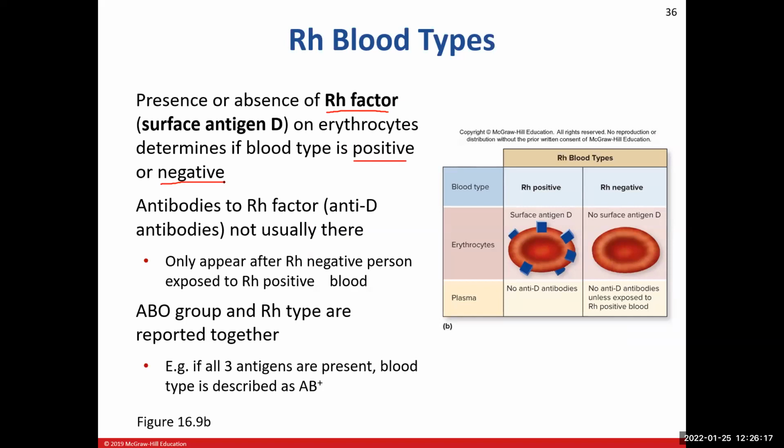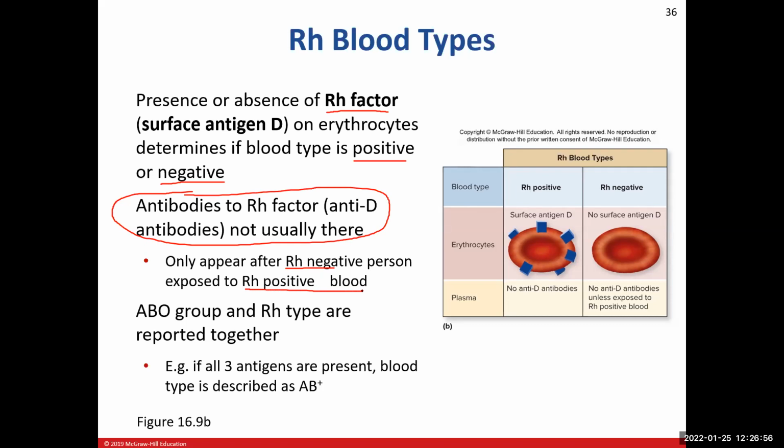So normally, the antibodies are not going to be there. That's an important concept. Antibodies to Rh factor are not usually there. They get there when an Rh negative person is exposed to Rh positive blood. And so we see that with pregnancy quite often. So mom could be Rh negative, but the fetus could be Rh positive.